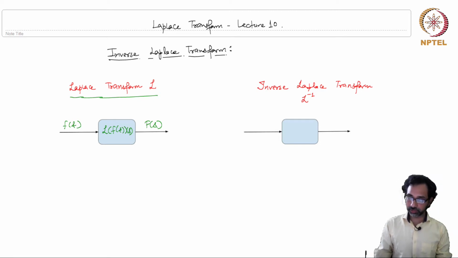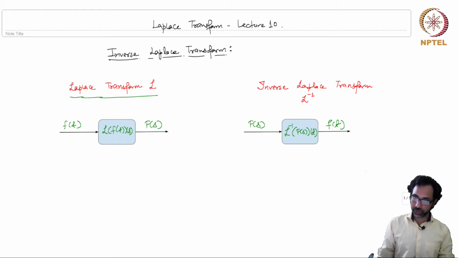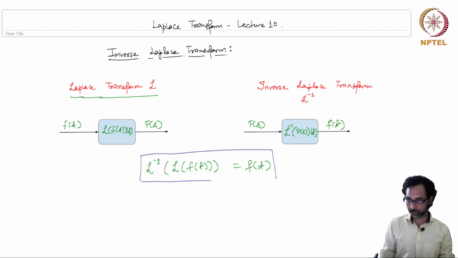Similarly, the inverse Laplace transform can be viewed as taking the input as F(s), and this inverse Laplace transform, when applied to F(s), gives a function of the variable t denoted as f(t). Now the inverse Laplace transform satisfies this property that the inverse Laplace transform of a Laplace transform is the original function itself. So this is the defining property of the inverse Laplace transform.